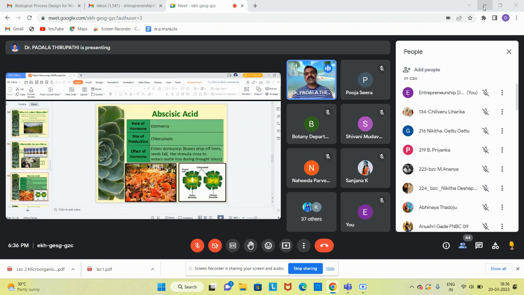Then the next one, abscisic acid. Abscisic acid is also an important plant growth regulator, also called a growth inhibitor hormone or plant growth inhibitor. It is not a promoting hormone; it is an inhibiting hormone.